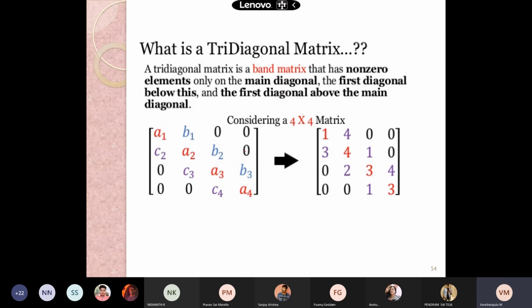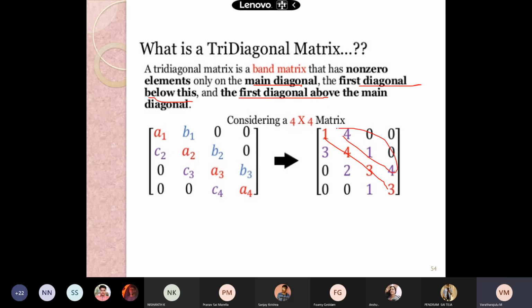Yeah, a tri-diagonal matrix is a band matrix that has non-zero elements only on the main diagonal, the first diagonal below it, and the first diagonal above the main diagonal.